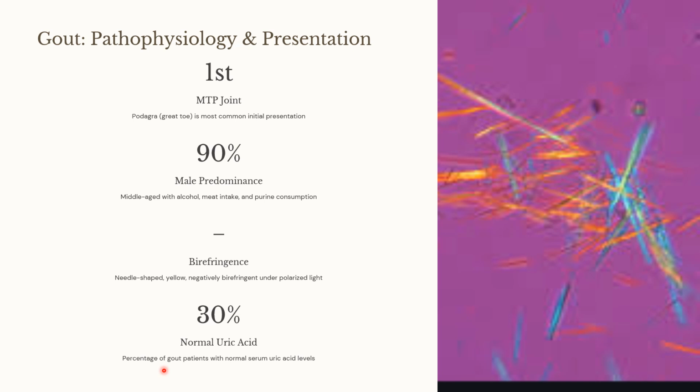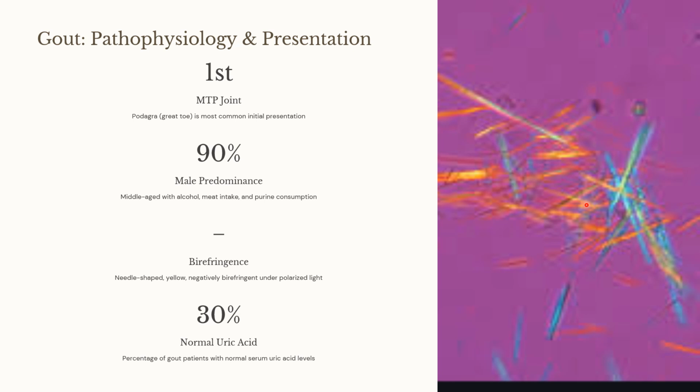This happens in middle-aged men, with a male predominance, who are alcoholic, who eat meat, and who have an excess of purine consumption too. How will the crystals look? As you can see here, they will be needle shaped, they can be yellow, and they will be negatively birefringent under polarized light.